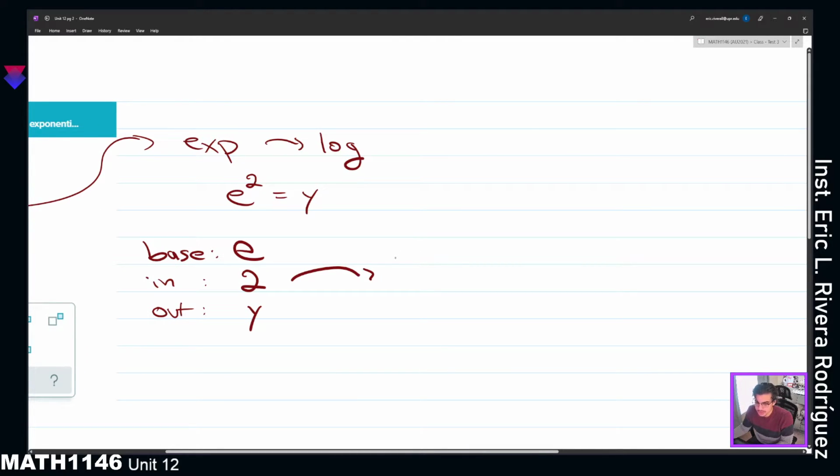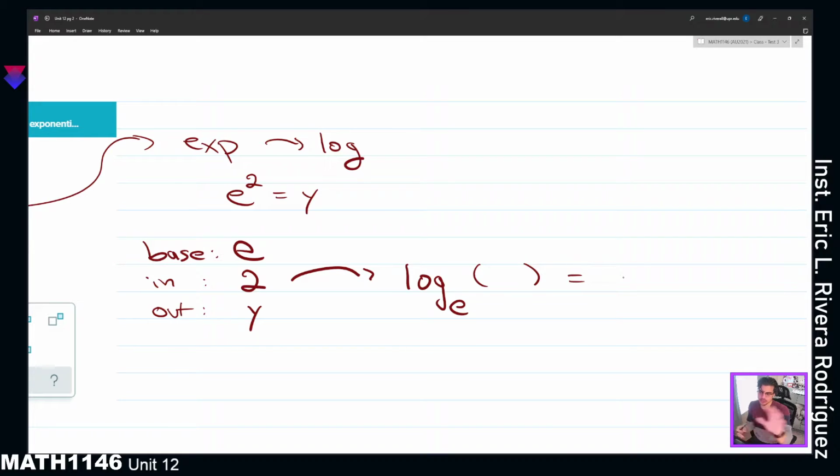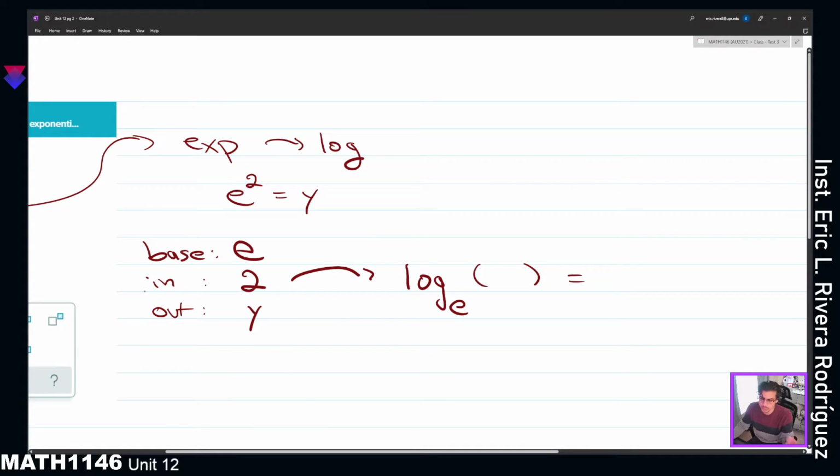We turn this into a logarithmic function. So we use log, we take the base e, and now remember that the logarithmic function is the inverse operation or the inverse function of the exponential function. So we swap the input and the output.